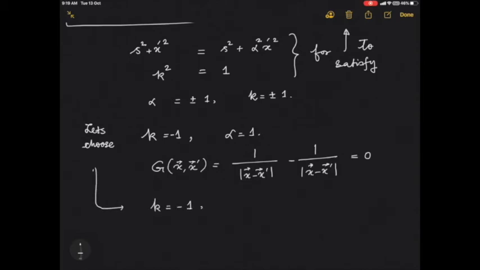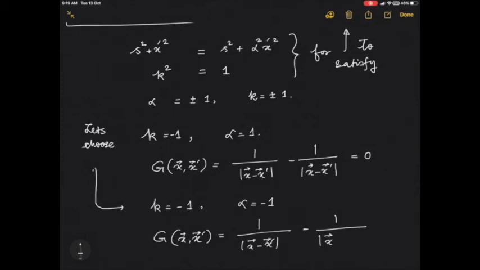So let's choose k equals -1, alpha equals -1. Then I will get a G which is 1 by mod x minus x prime minus 1 by mod x plus x prime.